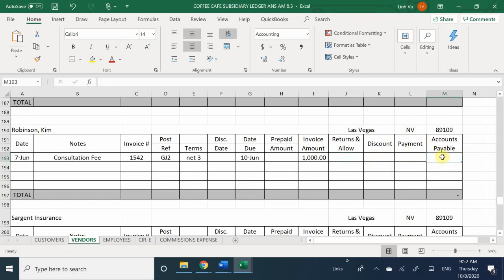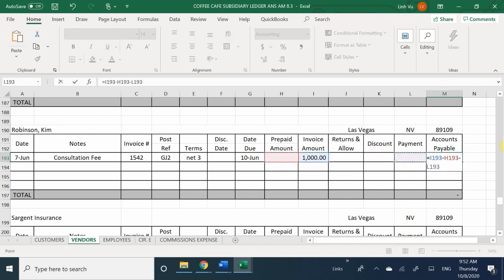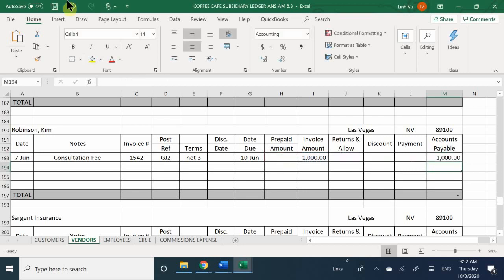So if I were to apply my formula, it's going to be whatever my invoice amount is. Good. So now I owe $1,000.